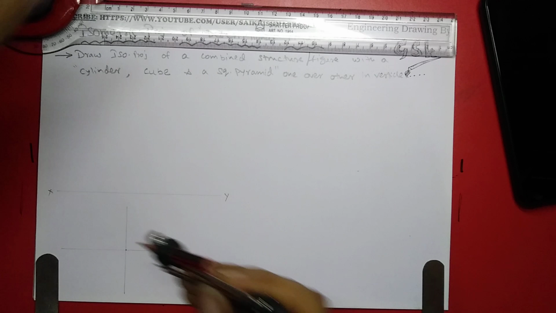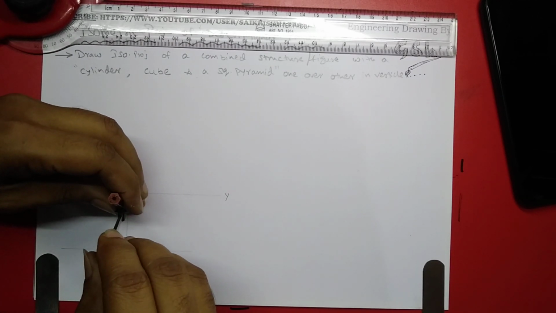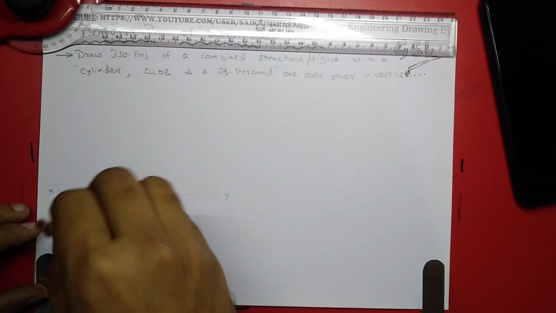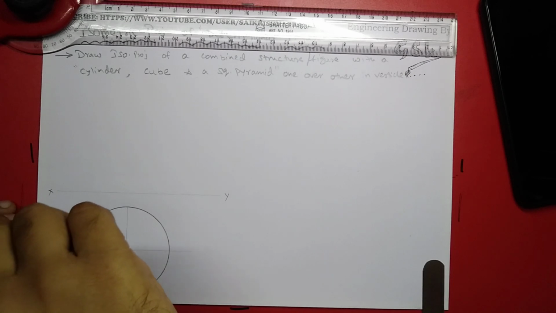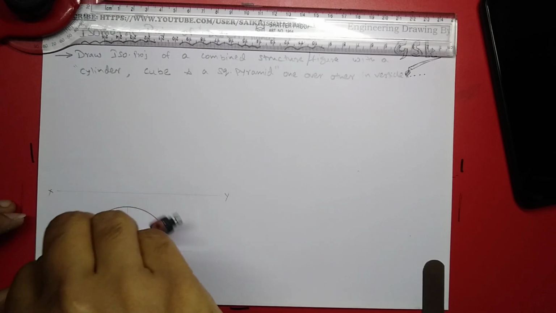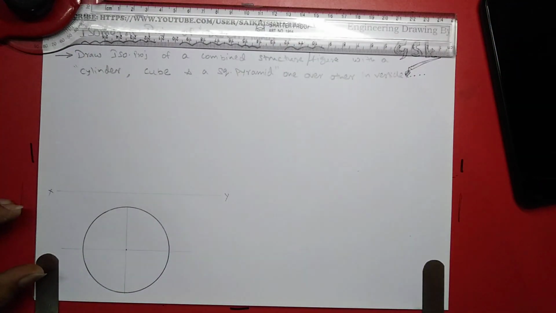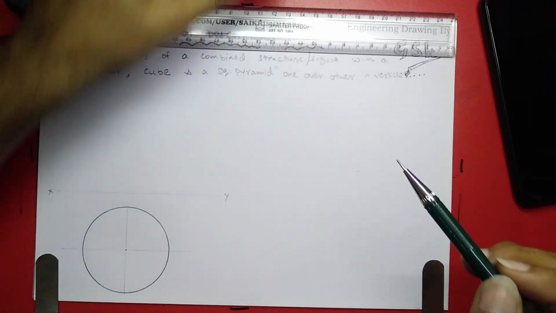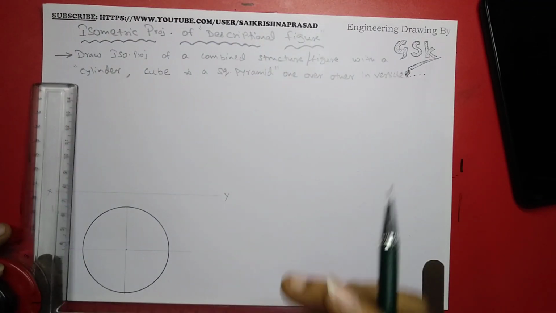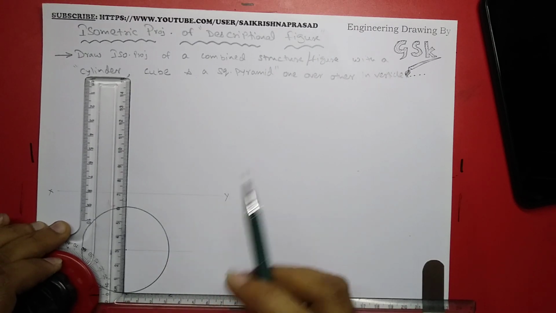I'll be drawing the circle, the cylinder top view first. Next I'll be drawing the top view of the cube. Here the diameter of the circle is 60.